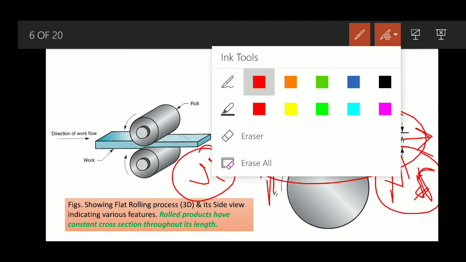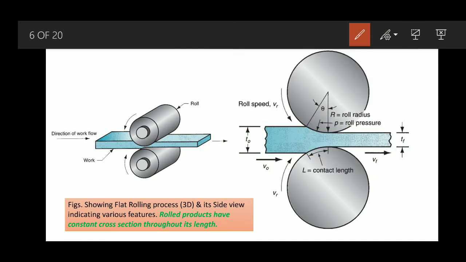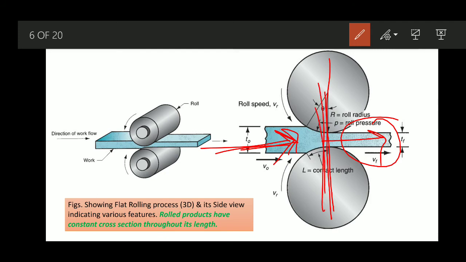As that is happening, this portion is leaving the rolls and this portion is entering, and there will be one portion where both the velocities are equal; later on we'll see the neutral point and neutral plane.